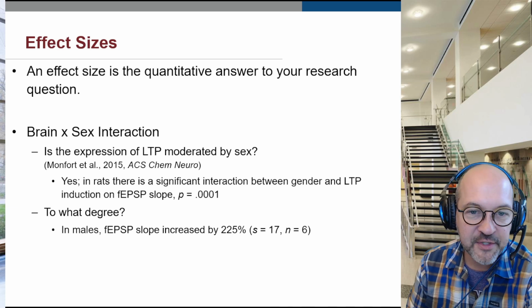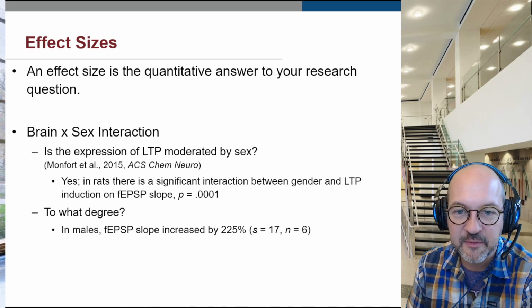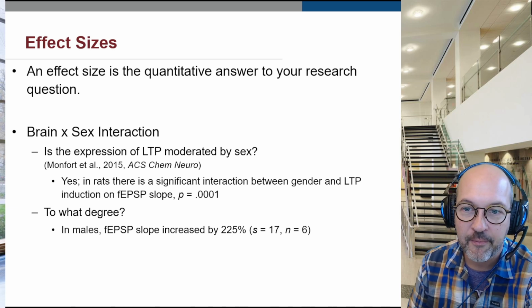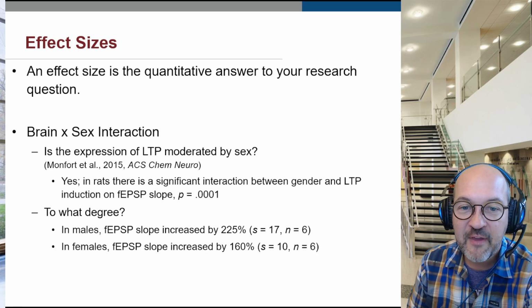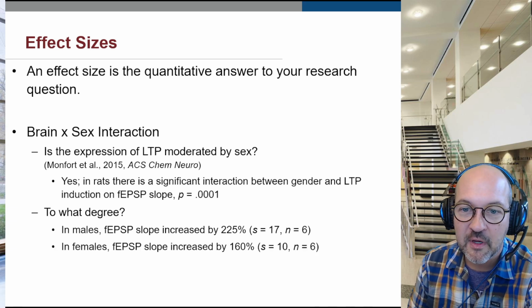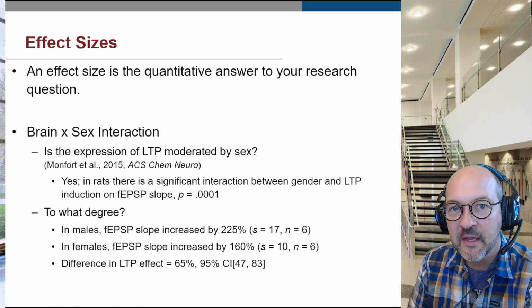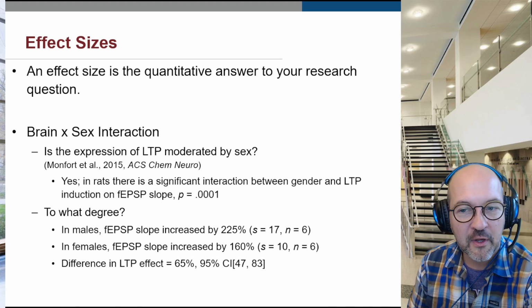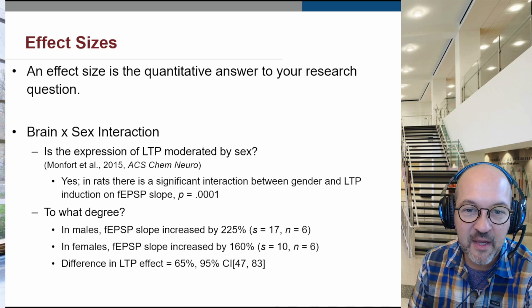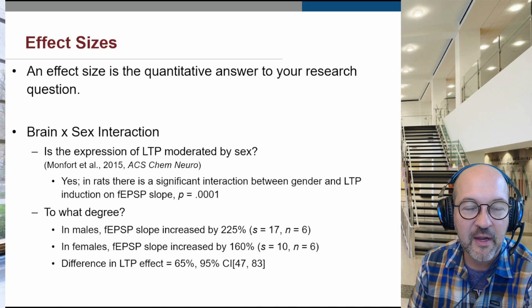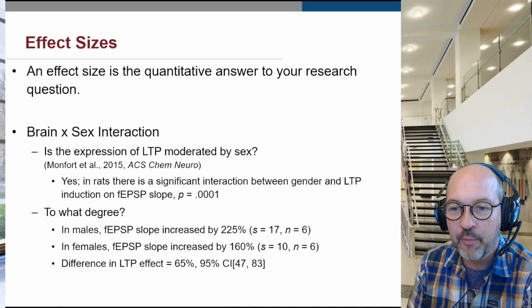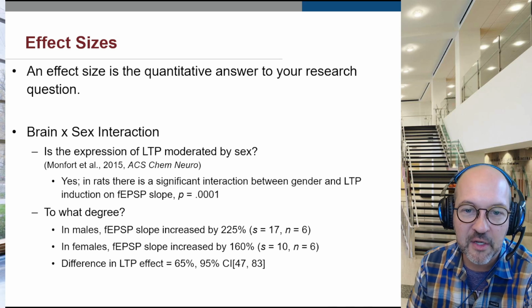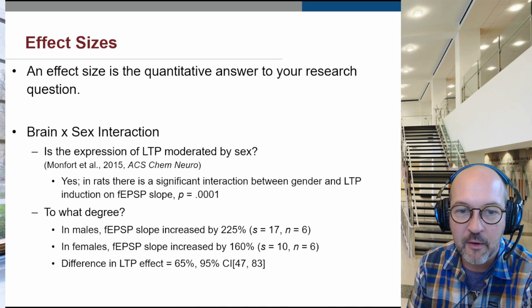In males, the LTP protocol increased the field EPSP slope by 225%. That's a massive increase. In females, LTP was also induced, but the change was only 160%. So the interaction is the difference in these effects. Sex moderates plasticity, changing the degree of potentiation by 65% with a confidence interval from 47 to 83, meaning that we can be pretty confident that there's a fairly dramatic sex difference in the expression of LTP with this protocol.